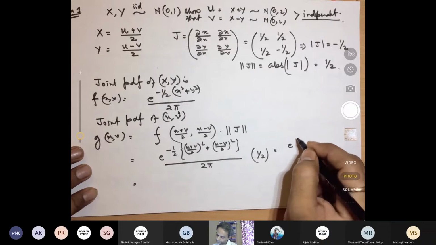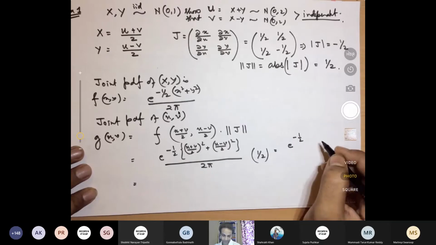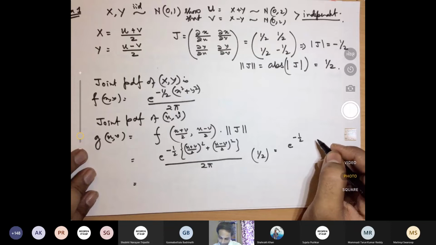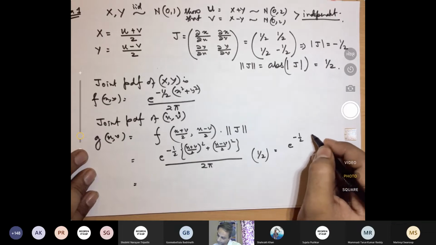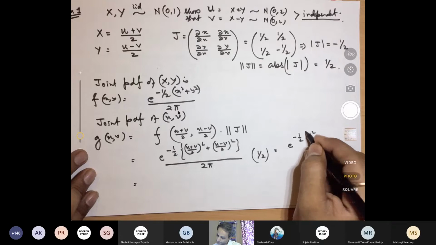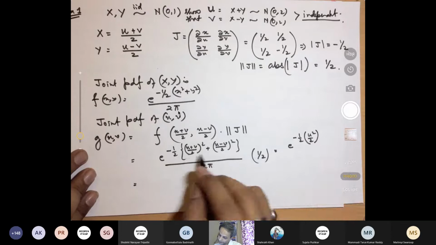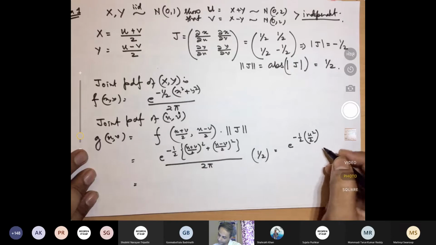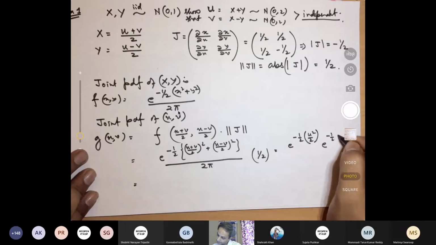e to the power minus half, u square two times, and in the denominator it is 4, so it will be u square by 2. Again, the same thing will happen for v. The cross product term will cancel. v square by 2.